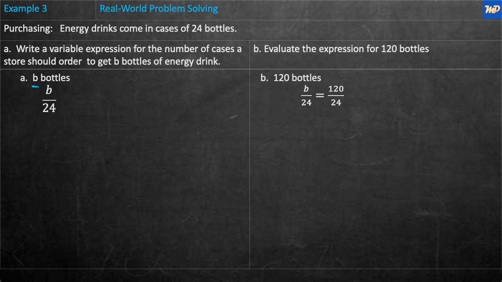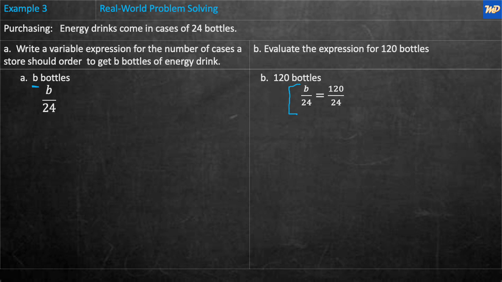So in problem B it says, evaluate the expression for 120 bottles. Okay, so there we go. We're going to take our expression, B divided by 24, the expression we created over here on the A side, and we're going to rewrite it as 120 divided by 24. In the other equation I said if I had 240 bottles and divided by 24, I'd have 10 cases.